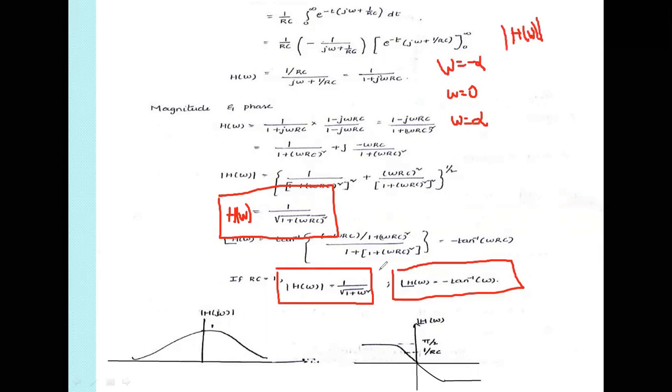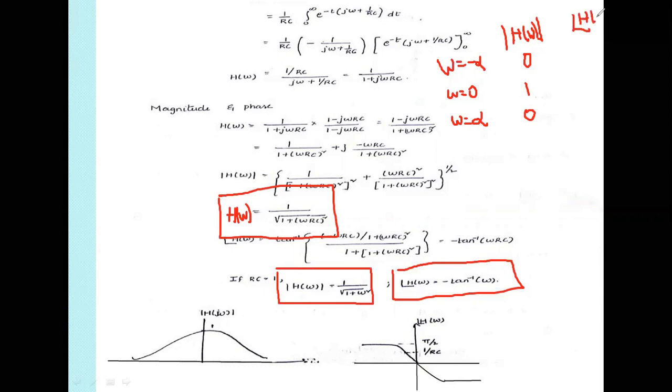See the magnitude: when omega is infinity, 1 by 1 plus infinity, 1 plus infinity means infinity, and 1 by infinity is 0. And omega equal to 0 gives 1, and minus infinity also gives the value 0.